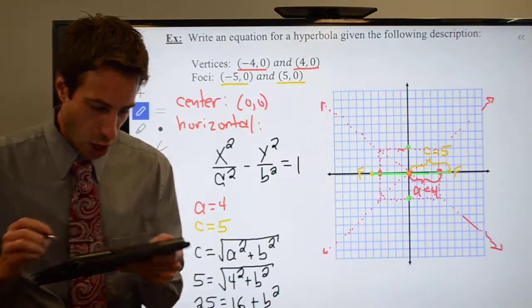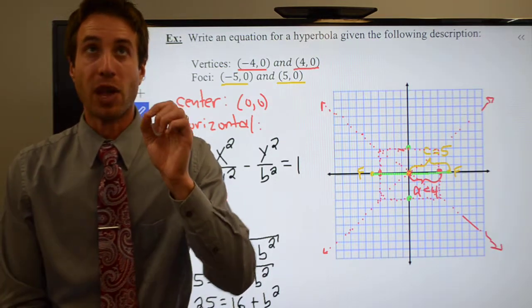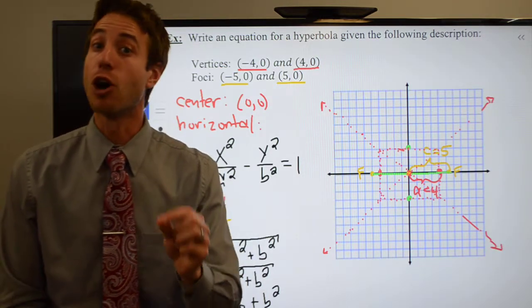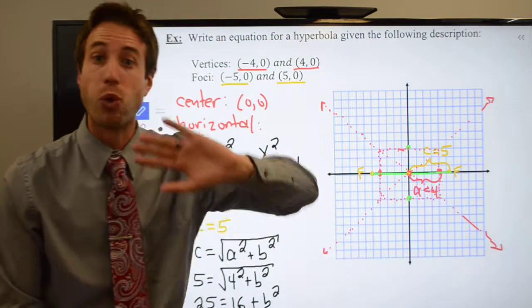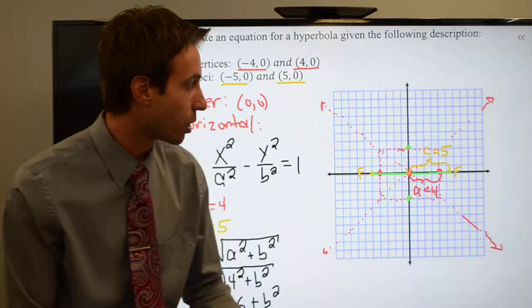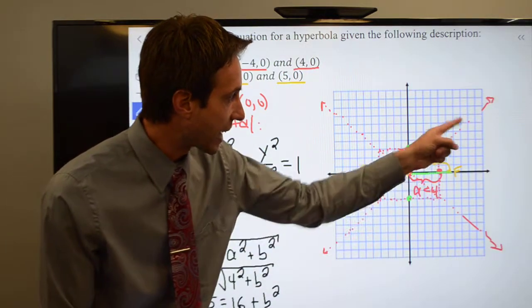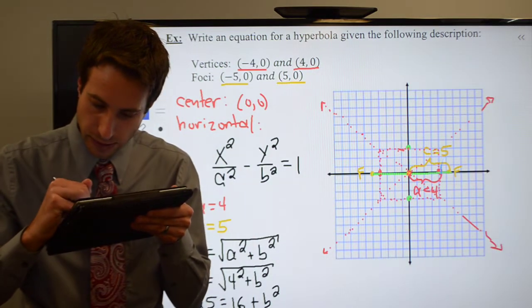Awesome, perfect. Okay, so now in blue, remember, the hyperbola must go through the vertice, wraps around the focus, and cannot touch the asymptotes. So I got to go through that point. I cannot touch the asymptotes, and I have to go around the focus. Well, that means it's got to look like this.